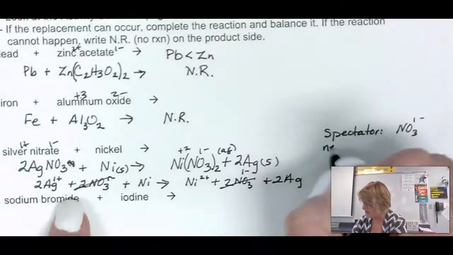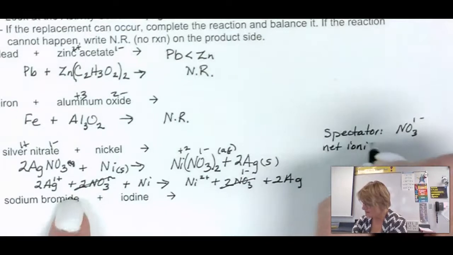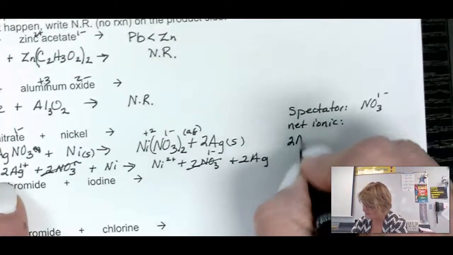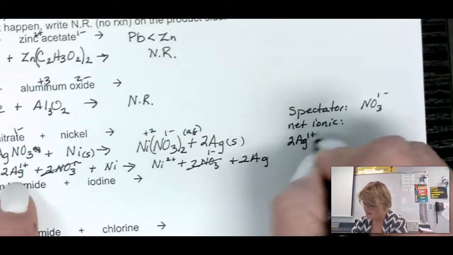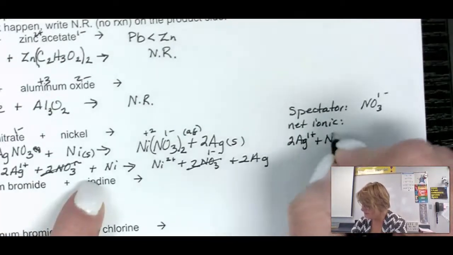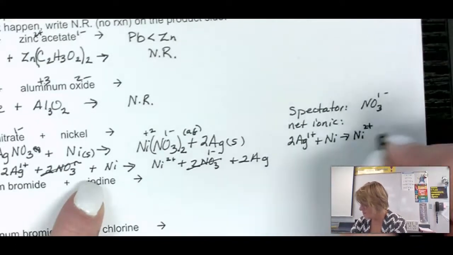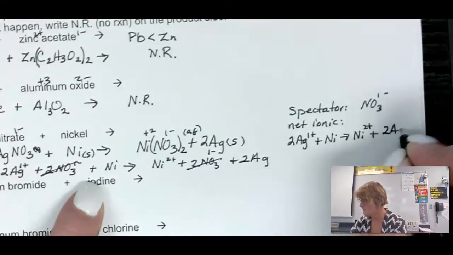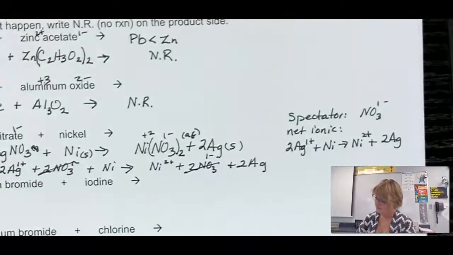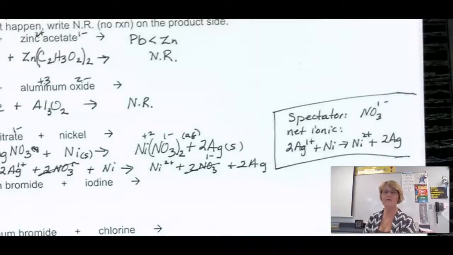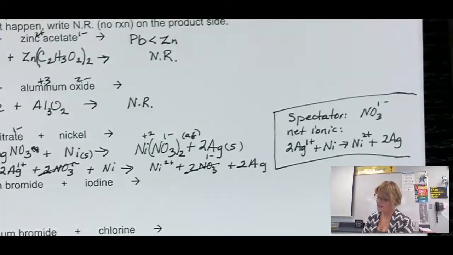Your net ionic equation then is going to look like you have your 2 silver ions plus nickel gives you your nickel 2+ plus 2 silvers. Okay, and so that would be your final piece of it with your net ionic and your spectator.